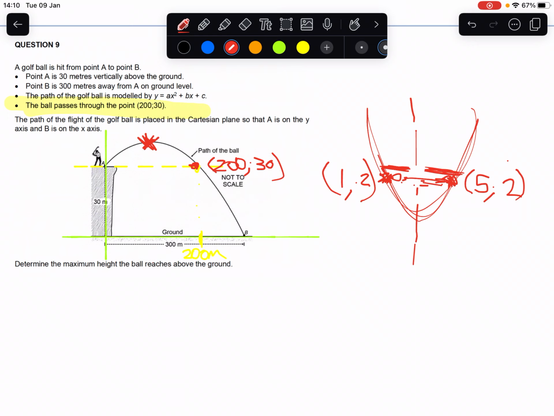And because the distance from 1,2 to 5,2 is 4, that means that this distance is 2 units and this distance is also 2 units, which means that we might not know what the y-coordinate of the turning point is, but the x-coordinate is equidistant from 1 and 5. It's directly halfway between 1 and 5. So the x-coordinate would be 3 and some other number that we'd have to figure out.